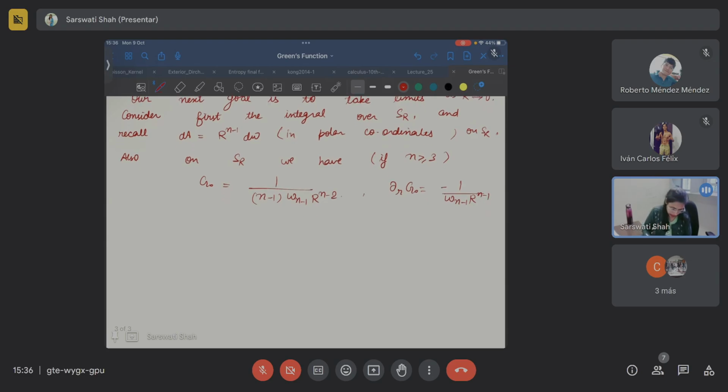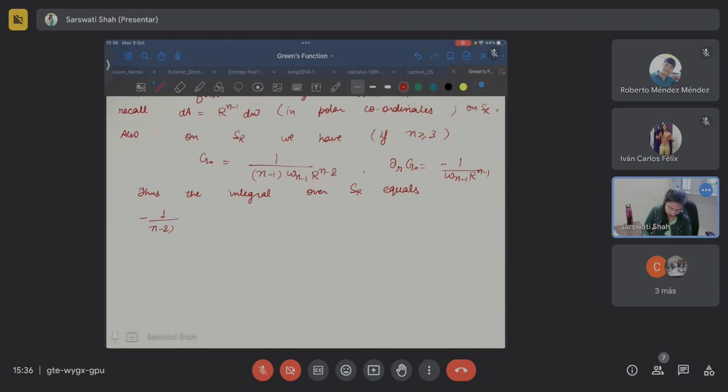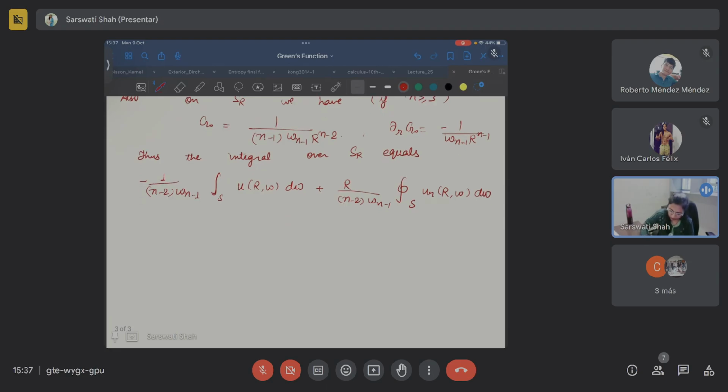Thus the integral over S_R equals... You don't need to put a closed integral sign because if we are calculating the integral over a sphere, then we automatically know that this is a closed integral. dω.